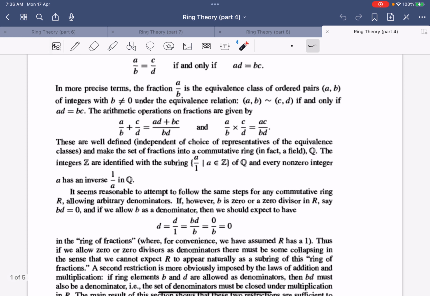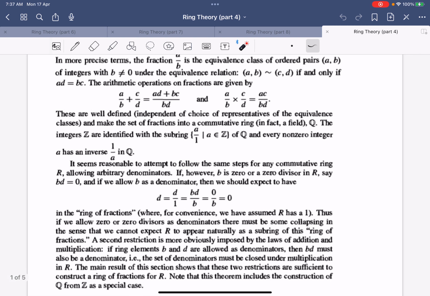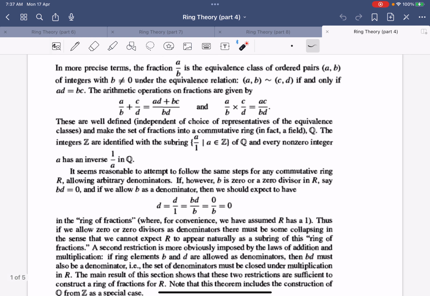And actually this can be checked to be well defined, and it makes the set of fractions a commutative ring. And in fact, we already proved that this commutative ring will have multiplicative inverses. We just need to check that it's commutative.